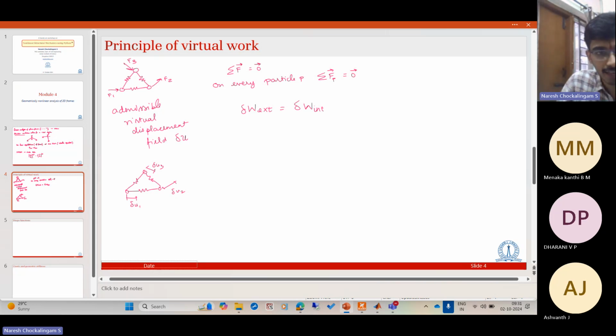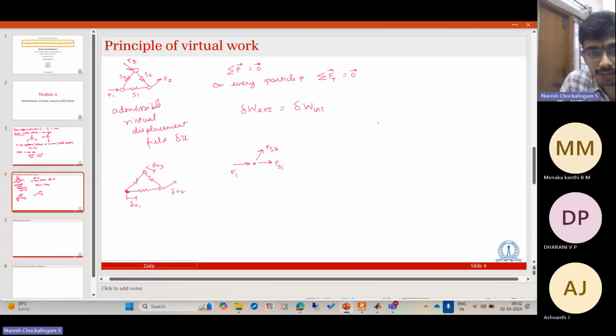So for example, in this case, if you take particle 1, it has got 3 forces acting on it. One is the external force F1, then it has got the spring forces. Let us say this is spring 1, spring 2, and spring 3. So this has got spring forces Fs1 and Fs3.